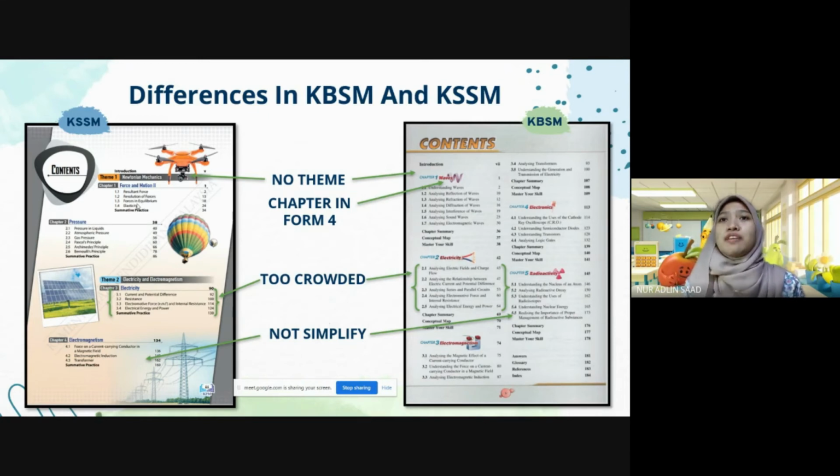But if you look at chapter 2, electricity in KBSM, it mentions 2.1, analysing electric field and charge flow. So the word analysing is not suitable and too crowded. Just take the main point of the chapter or the main point of the subtopic.